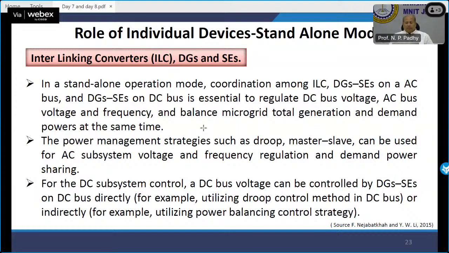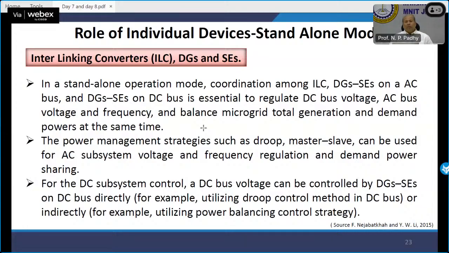All right. So in a standalone operation mode, coordination among the ILC, DGs on the AC bus, and DG and energy storage on the DC bus is essential to regulate DC bus voltage, AC bus voltage, as well as frequency, and balance the microgrid total generation and demand power at the same time.